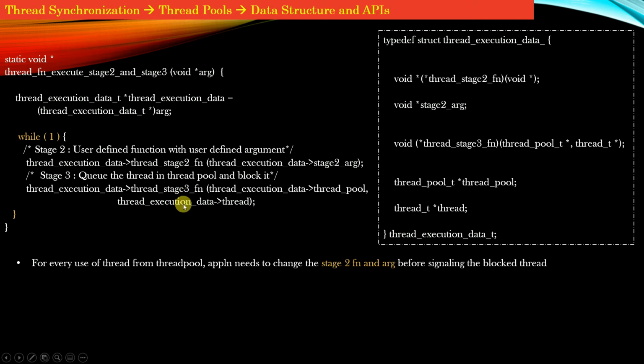After using the thread, we park the thread in the thread pool, right? And when the application wants to reuse the thread again, the application simply fetches the thread from the thread pool, changes the binding of the stage 2 function with another function pointer, as well as changes this thread's stage 2 argument data, and signals the thread, right?